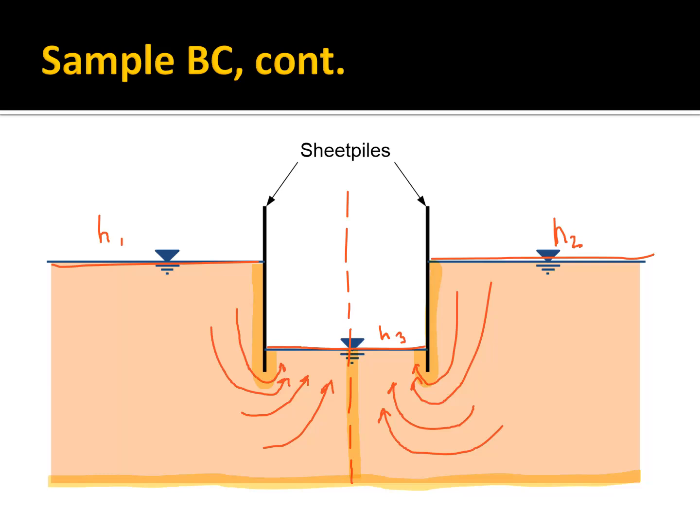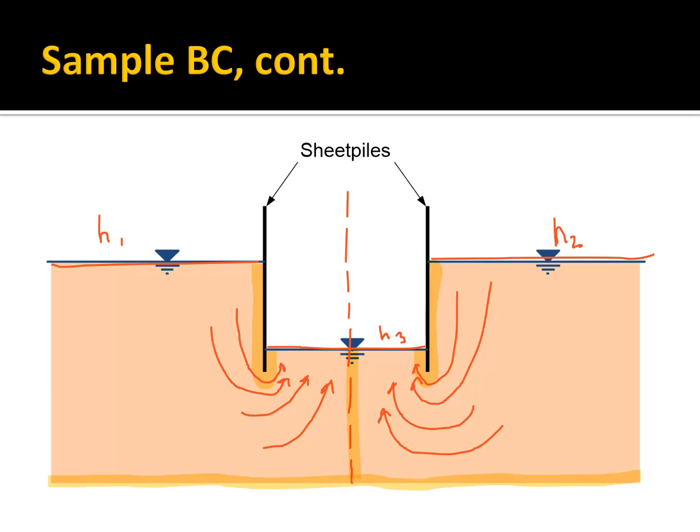So we can treat that as a no-flow boundary condition, and then you could solve either the left-hand or the right-hand side, and then you'd basically flip that solution and duplicate it for the other side, and you're done. So in a lot of cases, for symmetric problems, we only bother dealing with one side. You could create a finite difference or finite element mesh of half of this problem and solve it.